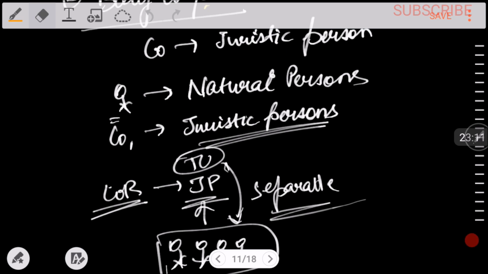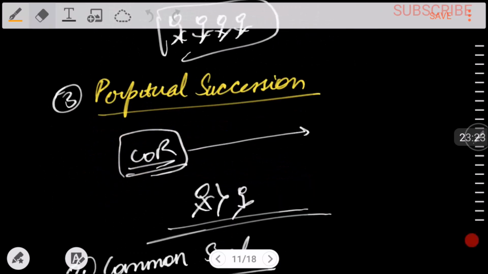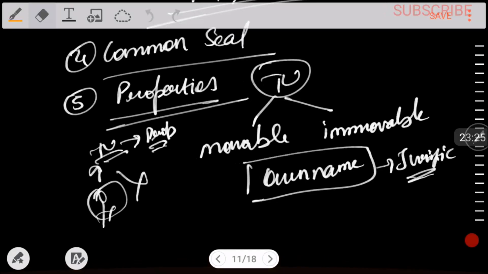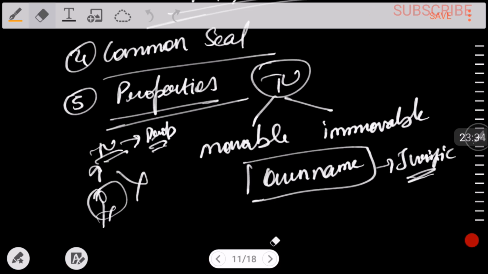Effects and advantages of trade union. Certificate of registration is a conclusive evidence. Body corporate: a trade union is recognized as a separate juristic person. Perpetual succession: members may come, members may go, but the trade union remains forever. Common seal: the registered trade union enjoys a common seal of its own.